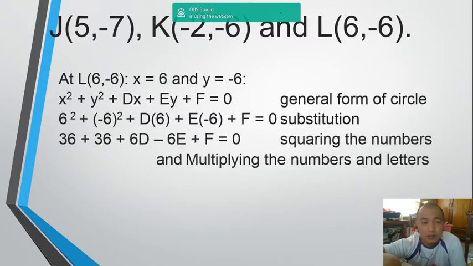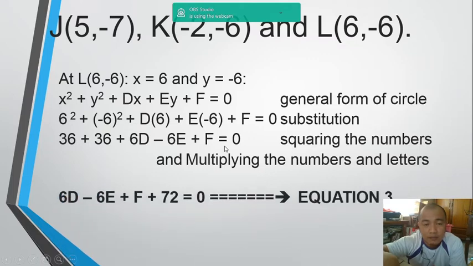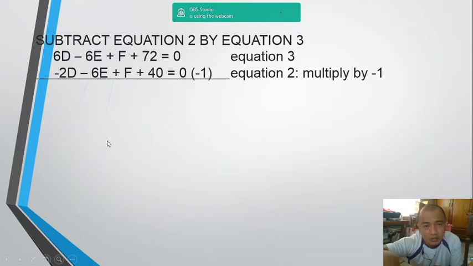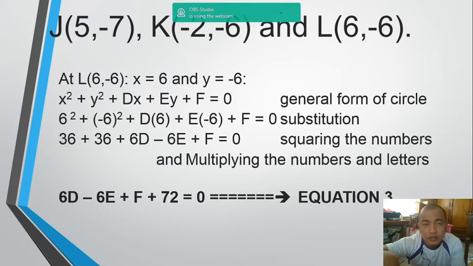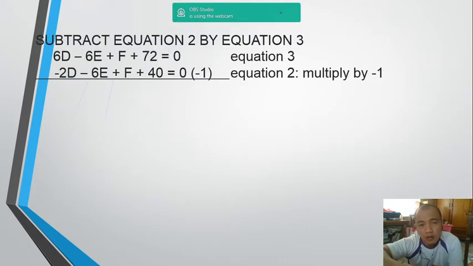Then square the numbers and multiply the numbers and letters: 36 plus 36 plus 6D minus 6E plus F. Be careful in dealing with the sign of each number and variable. If you make a mistake in one sign, everything will be wrong. So our equation 3 is 6D minus 6E plus F plus 72 equals 0. Did you get 72? 36 plus 36.